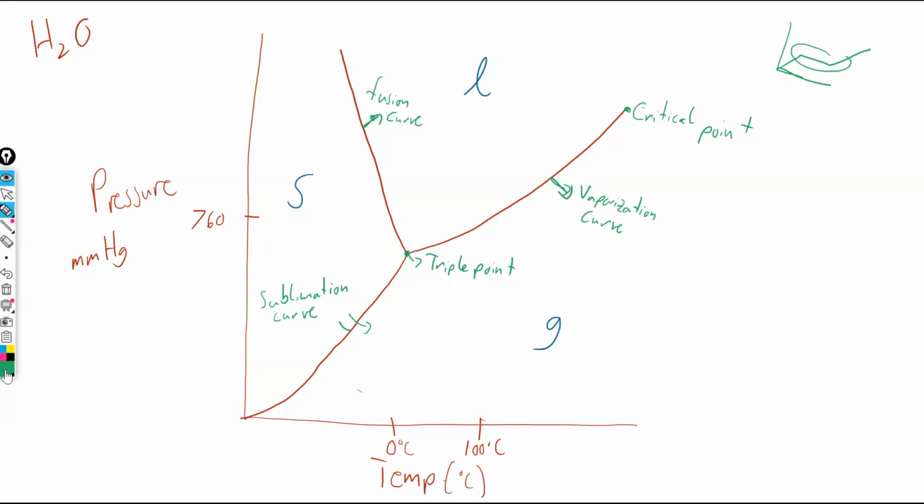So once I get past this critical point in a substance, everything above it, like let's say this area over here, let me erase this diagram real quick, is what we'll call a supercritical fluid.